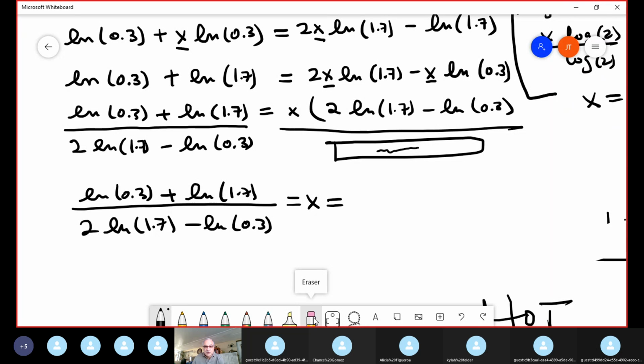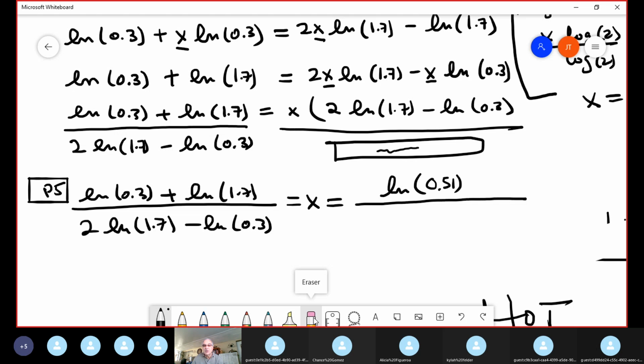However, when you want to put it in the calculator, nobody puts it that way because it's confusing. Maybe much better is condensing. Remember property number 5, we apply property 5 here, because when you have two logarithms added, it's multiplication. So you condense into only one logarithm, and you put in the calculator 0.3 times 1.7, which is 0.51.